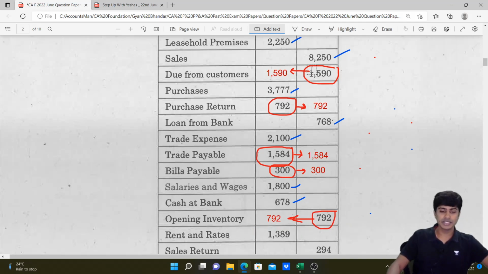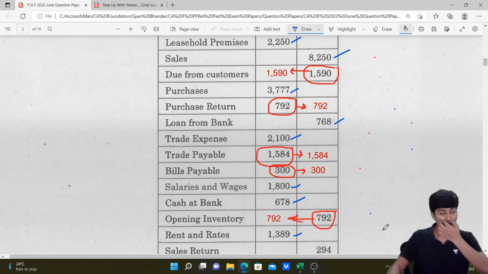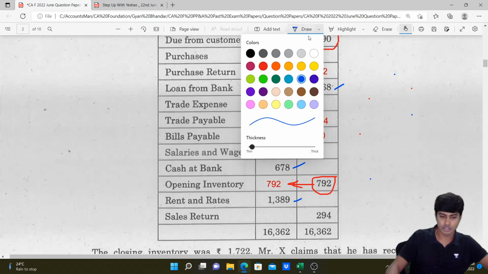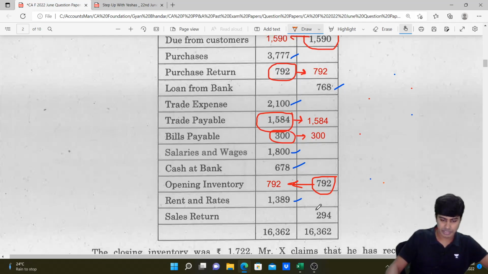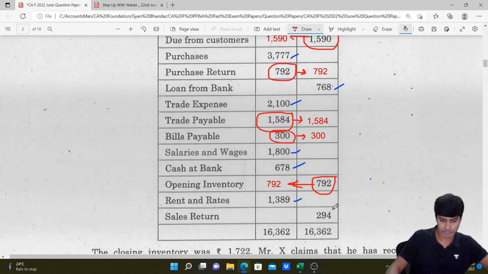And 1389 is an expense, and this expense will appear on the debit. All right, correct again. Sales will be appearing on the credit. Sales return should actually appear on the debit side. So I'll move sales return to the debit side. Oh, wrong color. A darker shade of red.